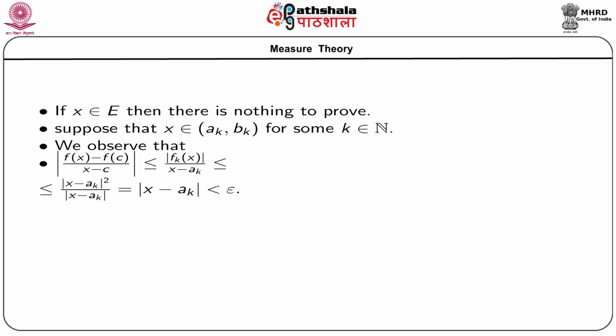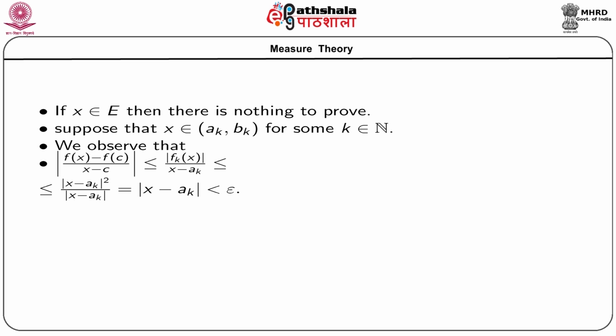This is again less than or equal to |x - a_k|^2 / |x - a_k|, because recall that we had said that the function g' is bounded by |x - a|^2 as well as |x - b|^2.